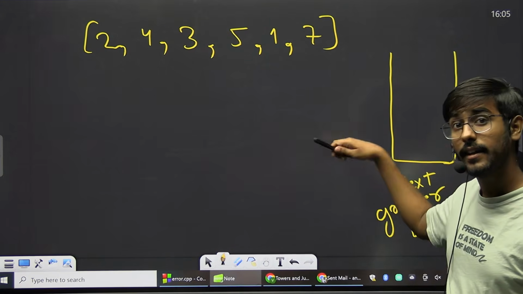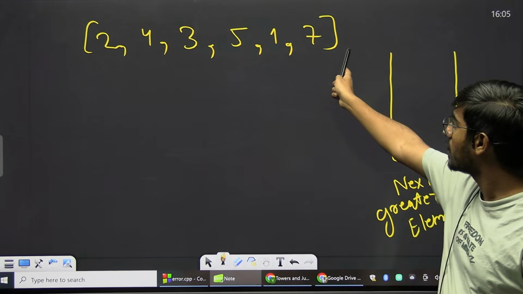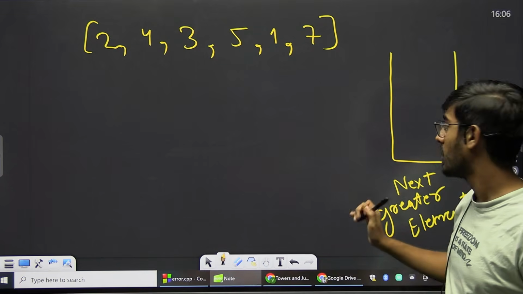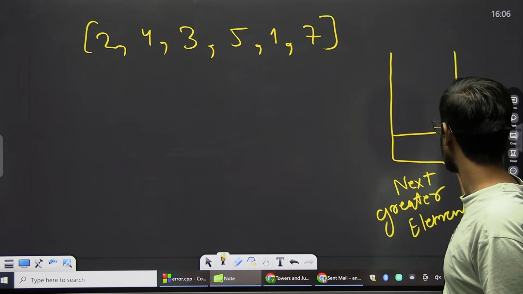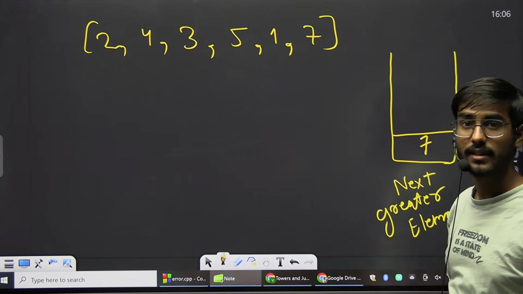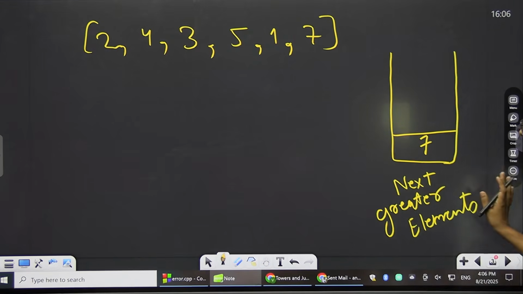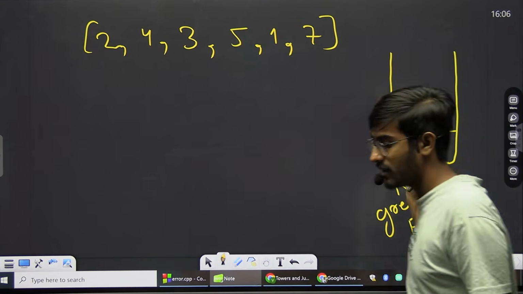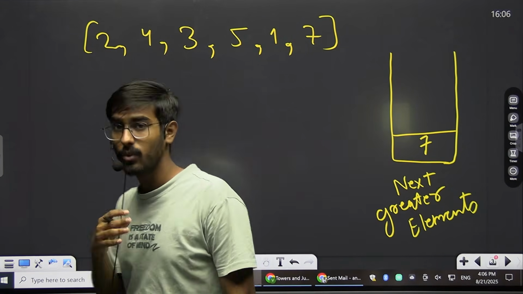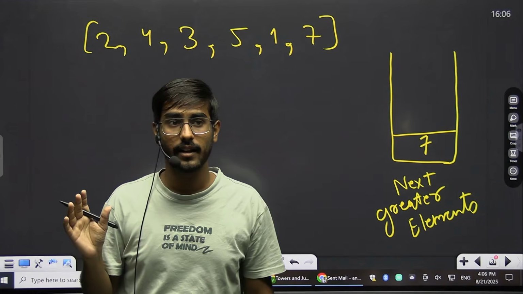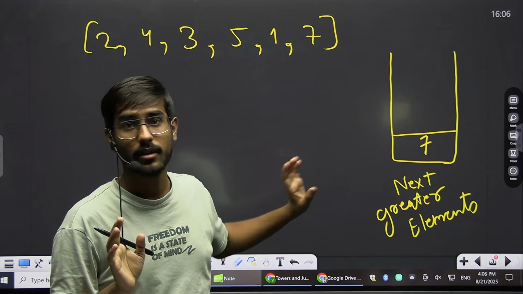As I have to find the next greater element, I will start going from the right direction. So first I will put 7 here. Yes, the stack was empty, no element was present. So for 7 there is no next greater element. No kth next greater element could be possible for 7.